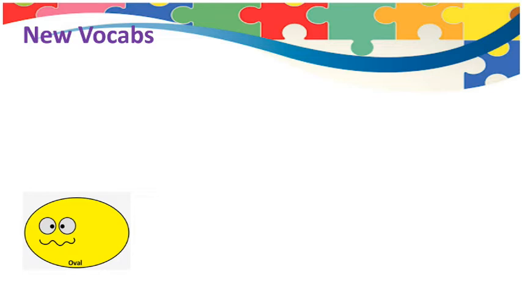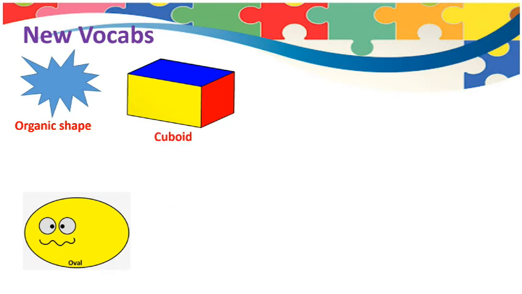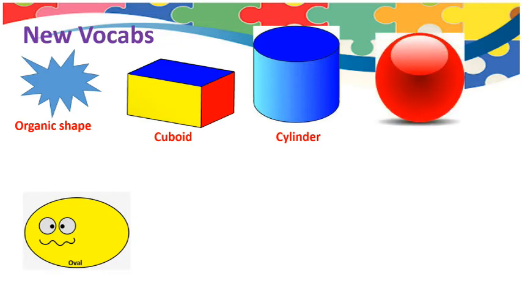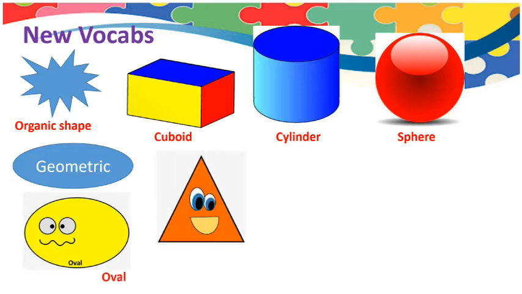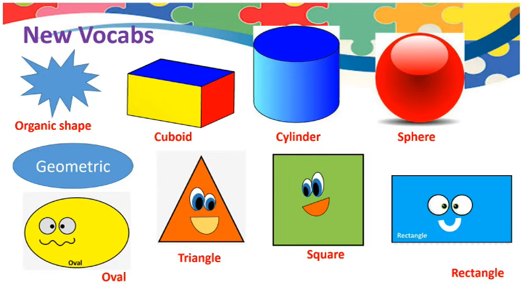New vocabs are oval, organic shape, cuboid, cylinder, sphere, geometric, triangle, square and rectangle.